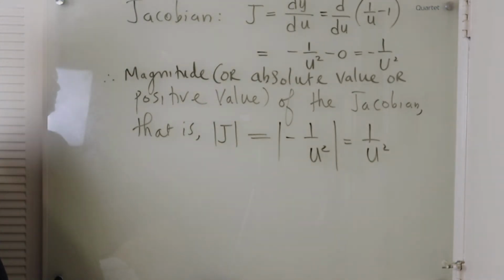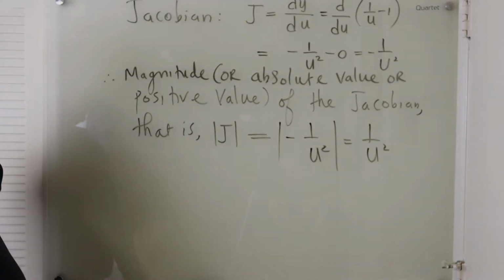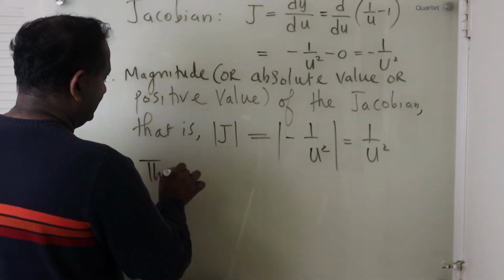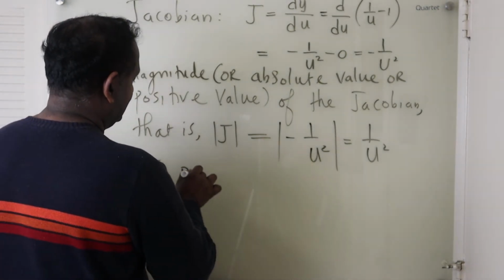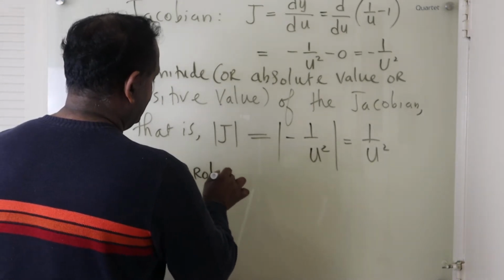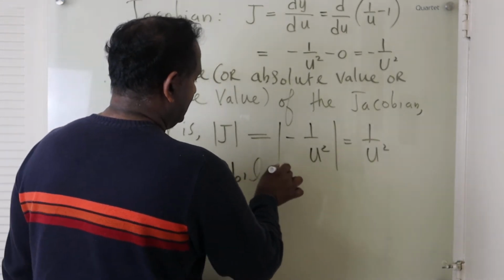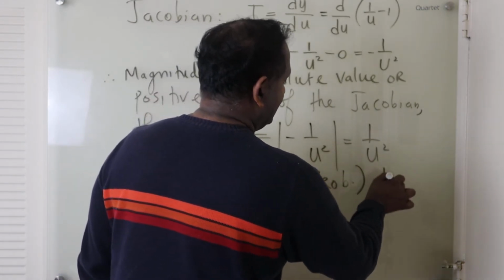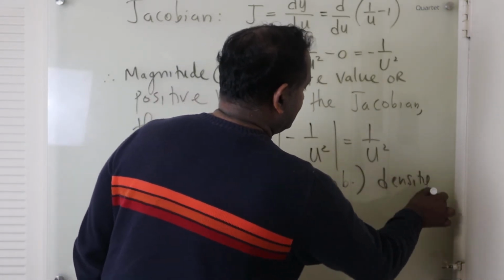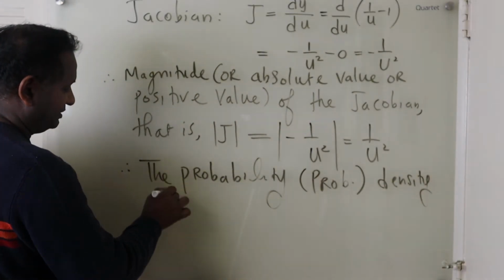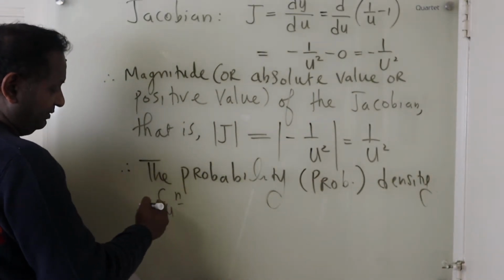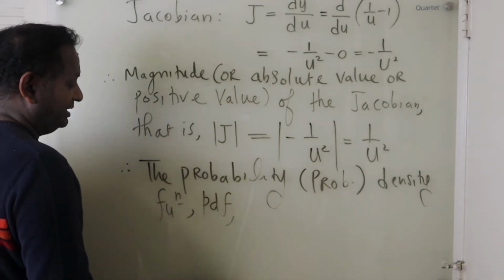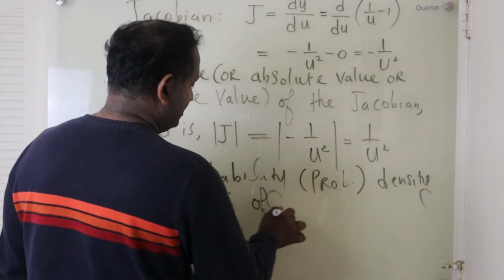Then we can easily write the probability density function, abbreviated as PDF, of u.